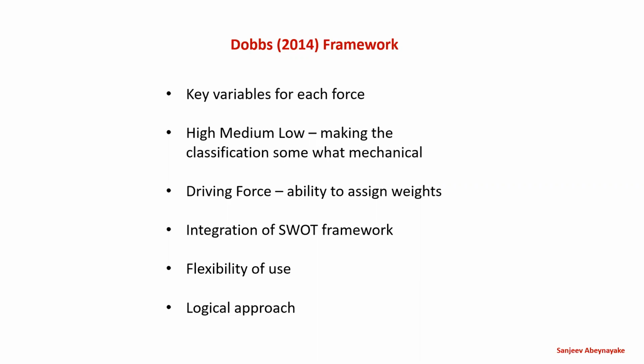What we mean by that is assigning a weight. As you go through this, I will explain that. And then there is a possibility of integrating the framework into a SWOT analysis by capturing strengths, weaknesses, opportunities, and threats emerging from this analysis, basically looking at the opportunities and threats component, as you know, the external aspects of it, and later on you can combine it with a SWOT analysis.